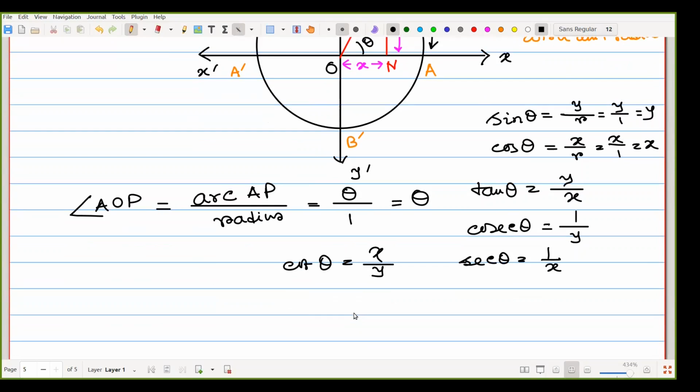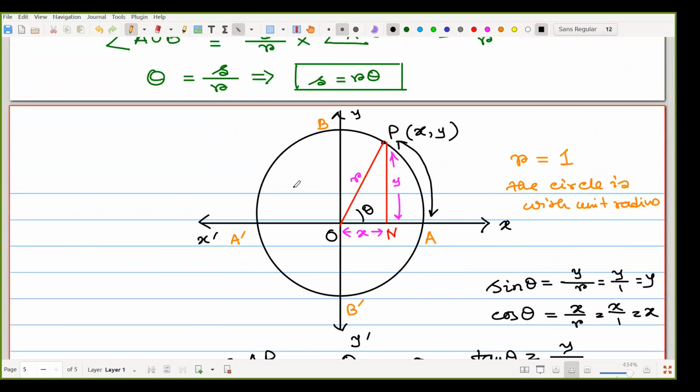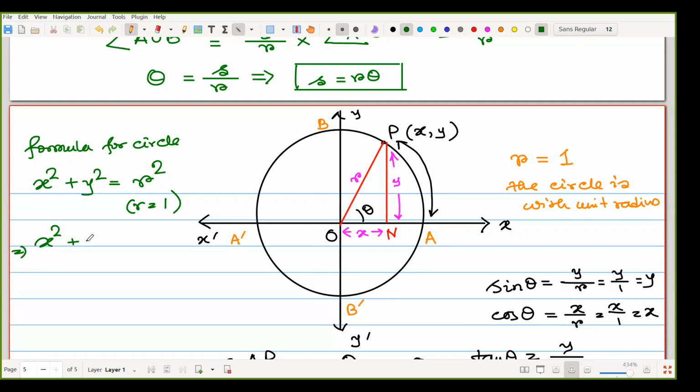So from here, we know the formula for circle. X square plus y square is equal to r square. Here, r is equal to 1. So we have x square plus y square is equal to 1 square, or x square plus y square is equal to 1.